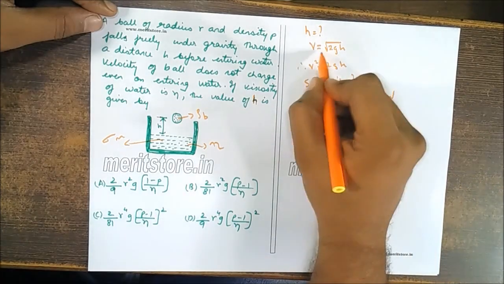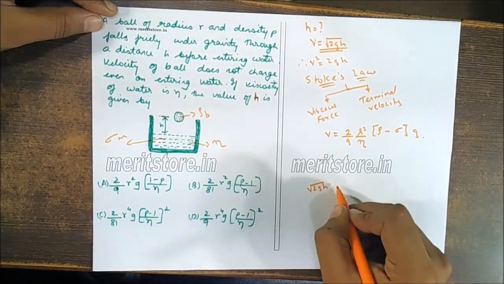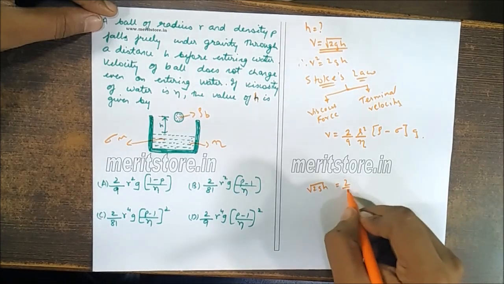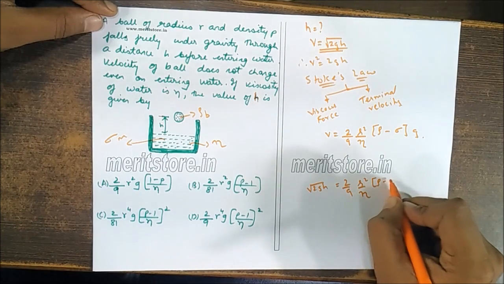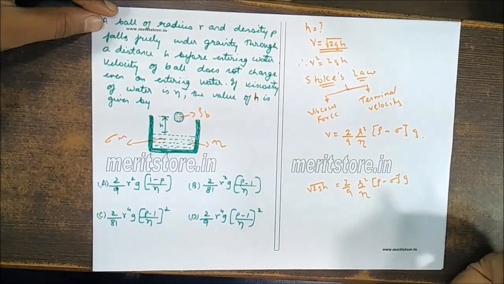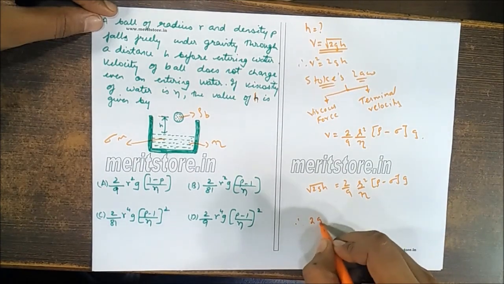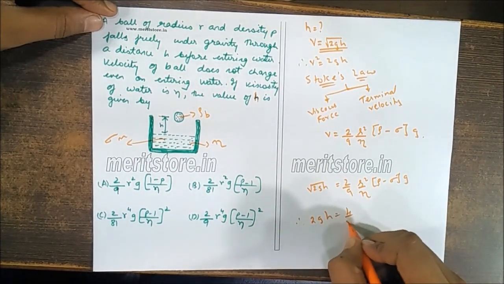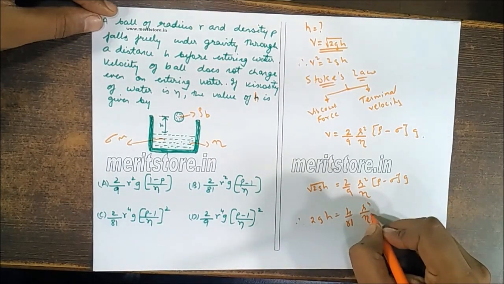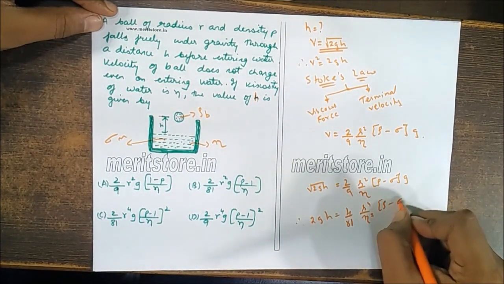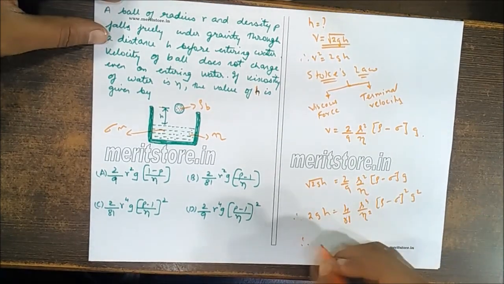Now what is v? We have v as under root of 2gh, that is equal to 2 upon 9 r square by eta into rho minus sigma into g. On squaring both sides, I'll get 2gh is equal to 4 by 81 r to the power 4 upon eta square into rho minus sigma the whole square into g square. We require h.